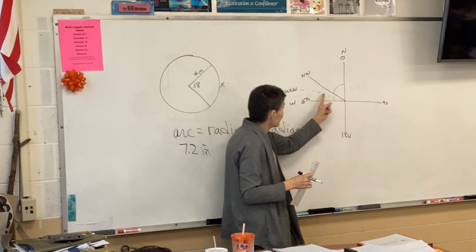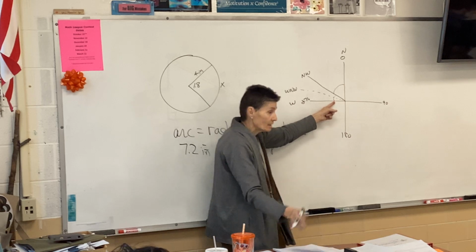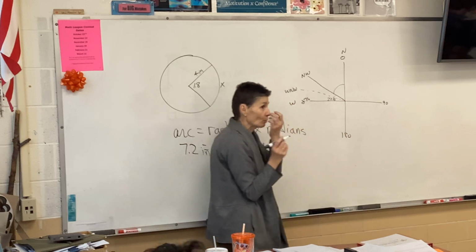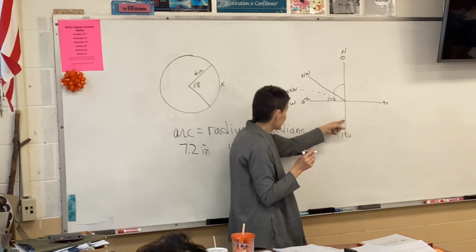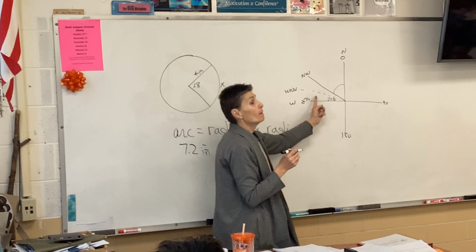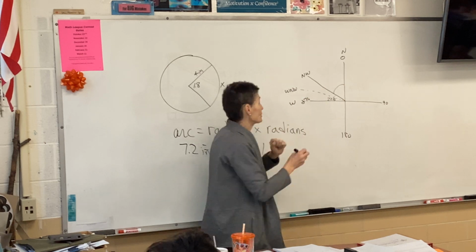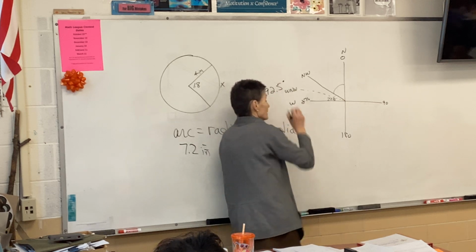When I draw in that diagonal, I'm splitting the 45, so this is 22 and a half, half of 45. So 270 plus 22.5, so 292.5 degrees.